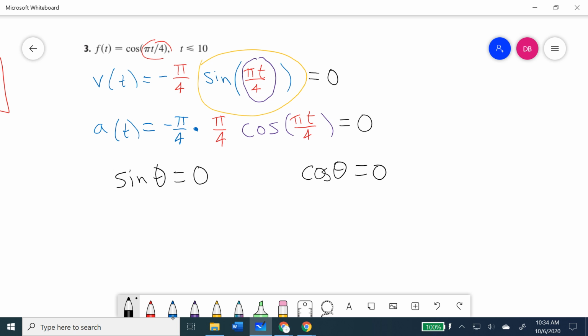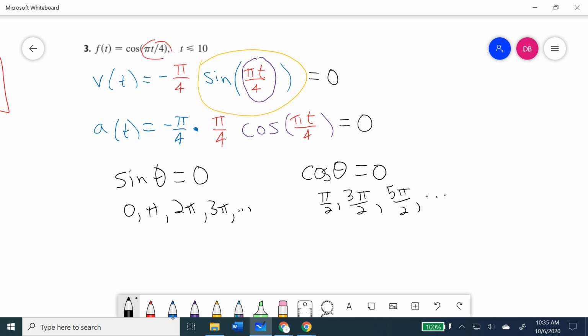Let's just list them: 0, pi, 2 pi, 3 pi, all that. Cosine is 0 at pi over 2, 3 pi over 2, 5 pi over 2, all the odd pi over 2s.